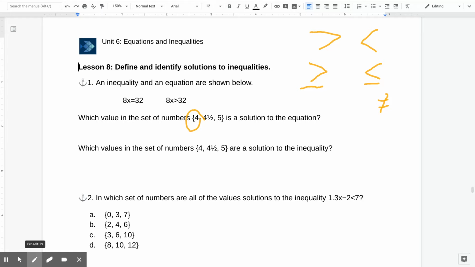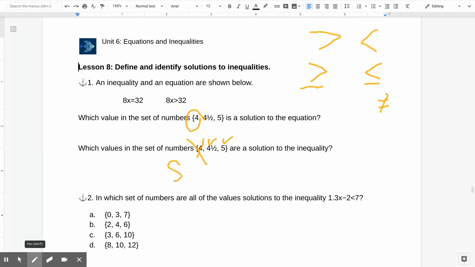However, when we're looking at our inequality, we want 8 times something to be greater than 32. So in this case, 4 doesn't work because 8 times 4 is equal to 32. But 4.5 does, and 5 does.